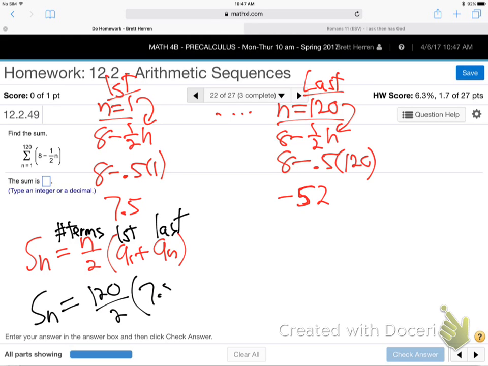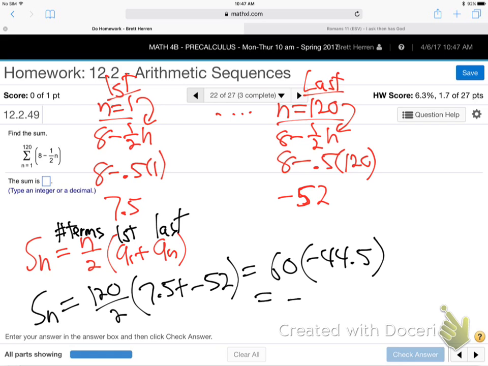The first term is 7.5. The last term is negative 52. We're going to get a negative answer, aren't we? Yeah, so that'd be 60 times, I don't know, what's that on the inside there? Negative 44.5, thank you. And then you multiply that, it's going to be negative 2,000 something?